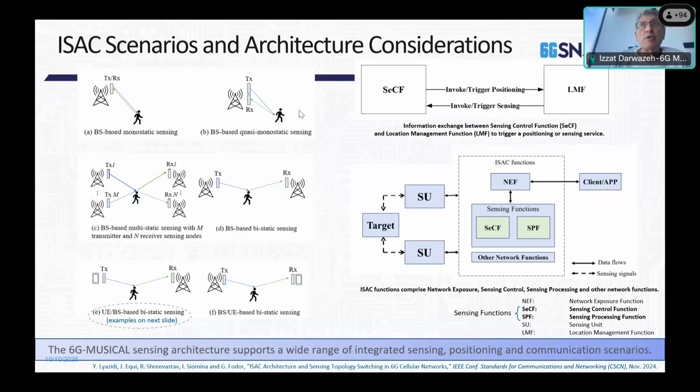The scenarios we look at are 3 different scenarios and their variants, and they're mainly based on the use of the radar functionality and the comms functionality at the same time. And they are either based on using monostatic sensing with one transmit and receive located at the same position, bistatic sensing, the one at the bottom of the slide, or multistatic sensing, where the sensing is done by a set of base stations.